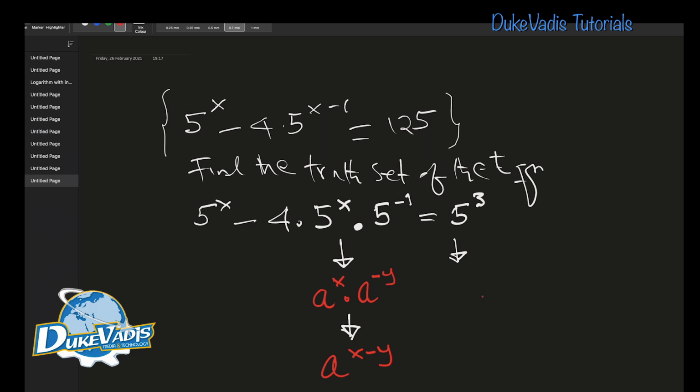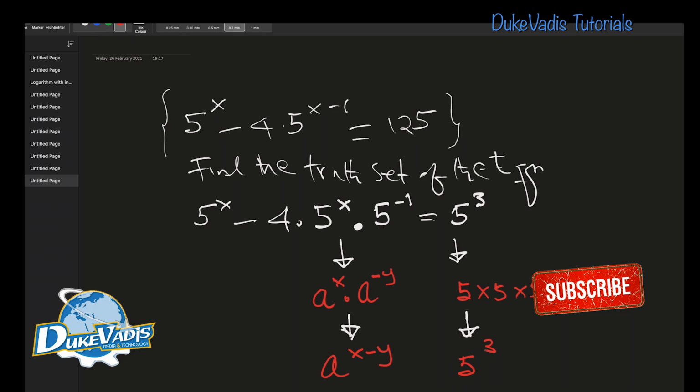In the same vein, 5 raised to the power 3 is given as 5 multiplying 5 and 5. If we take our time and break it down, we can confidently say this is 5 raised to the power 3.